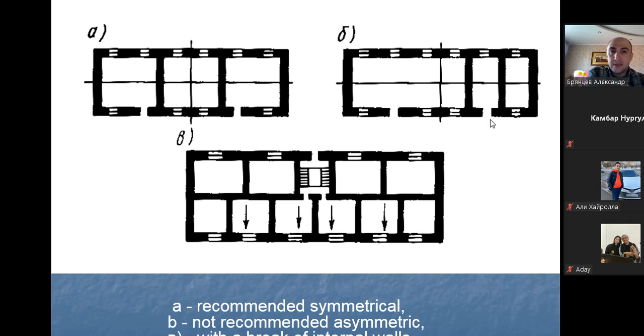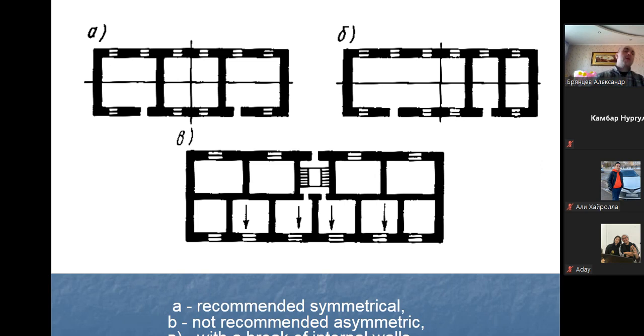It can produce more settlement in one part of the basement, and over time it can lead to the problem of shrinkage and settlement of the building, and so on.